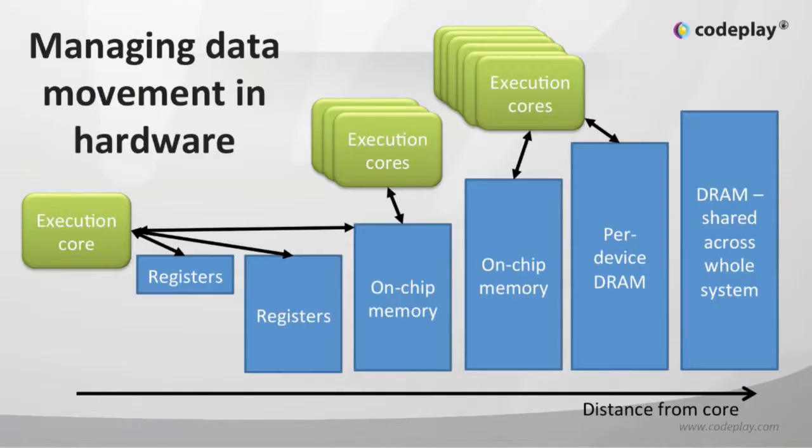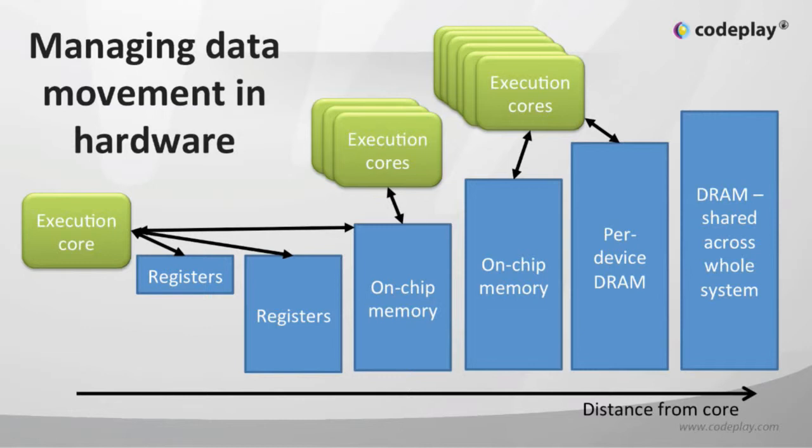So this is kind of the example I've got. This is the distance from the core, and this is pretty typical for today's devices. A huge long range of stuff from registers which are attached to an individual execution core, registers which are shared between execution cores, on-chip memory that's shared between a whole group of execution cores, and then you might have DRAM attached to a particular device, then you might have DRAM shared across the whole system.